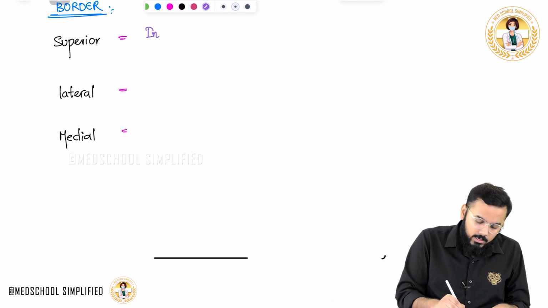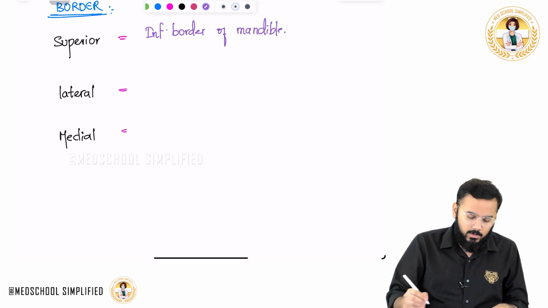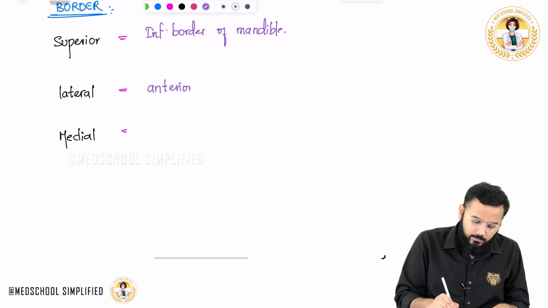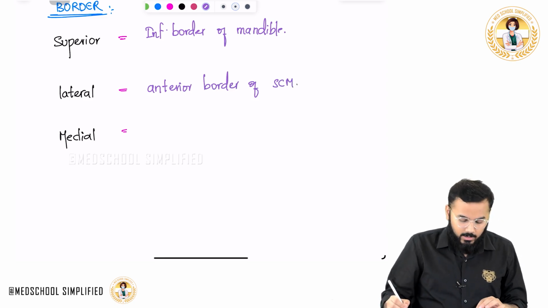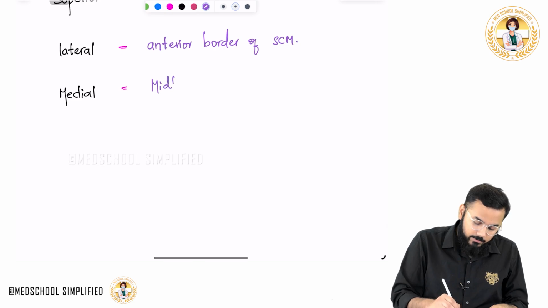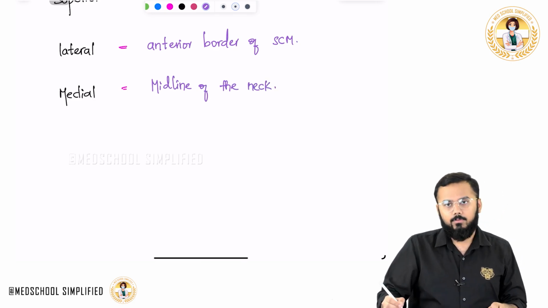Superiorly you have the inferior border of the mandible. Laterally you have the anterior border of the sternocleidomastoid, SCM. Next, medially what do you have? Medially you have the midline of the neck. Okay.